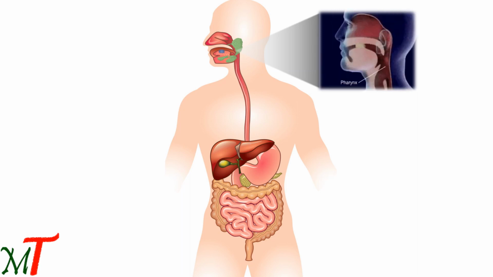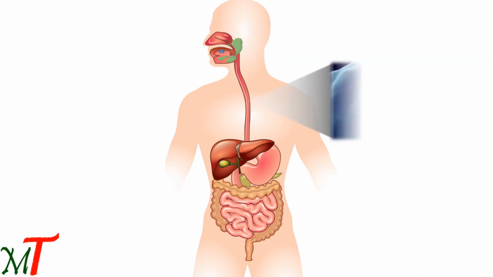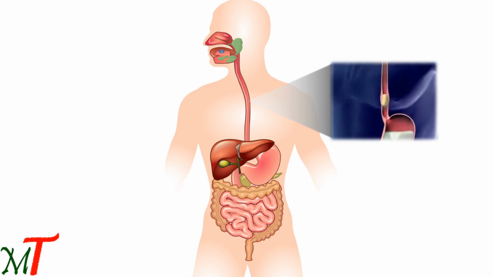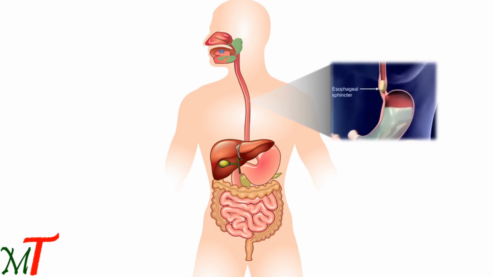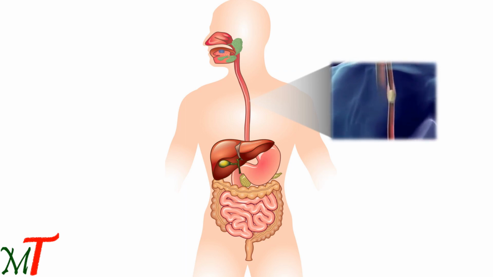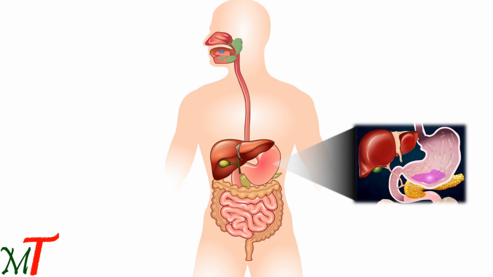Next, the esophagus is a small pipe-like structure. The food moves slowly here and enters the stomach. The stomach is a sac-like structure. The stomach releases some enzymes as well as hydrochloric acid.